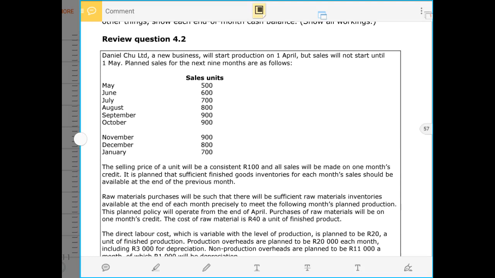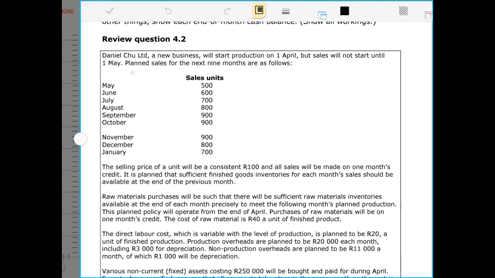It says planned sales for the next 9 months are as follows. So now we are given the sales for the next 9 months from the month of May until the month of January. Then we continue, and it says that the selling price of a unit will be consistent at 100 Rand per unit, and all sales will be made 1 month on credit.